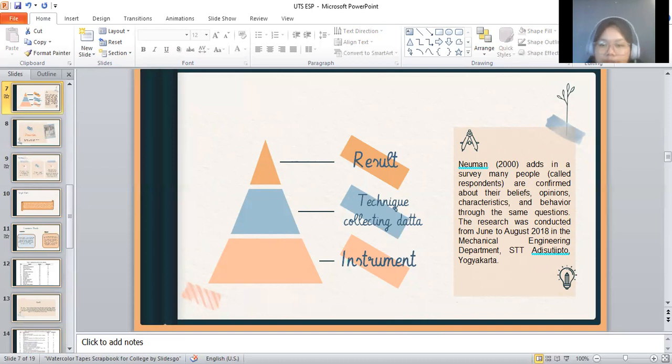For the instruments, there are: first, a student questionnaire; second, interviews with the senior lecturers and the academic officer; third, observation during the course; and fourth, the tracer study data.